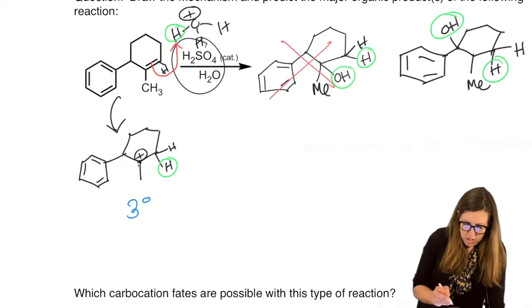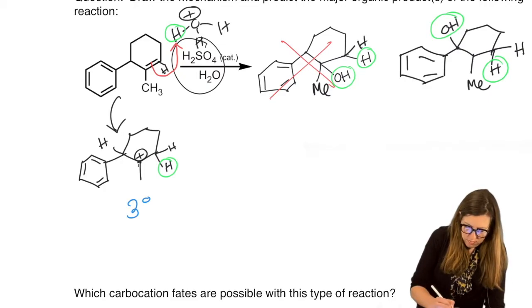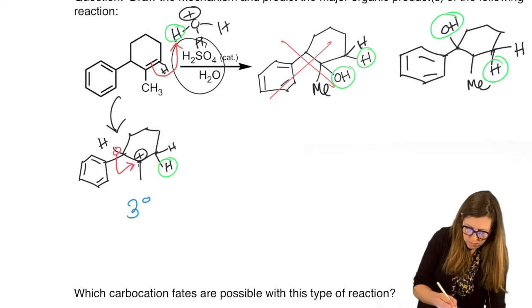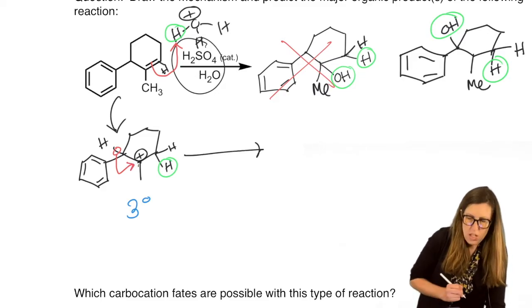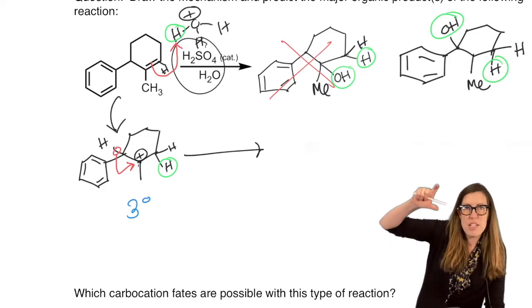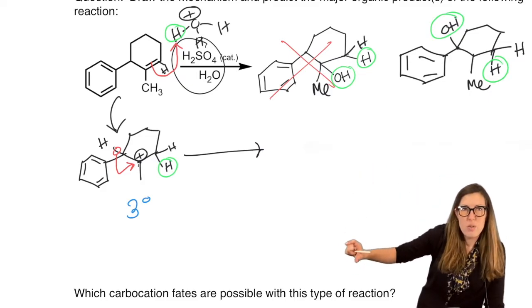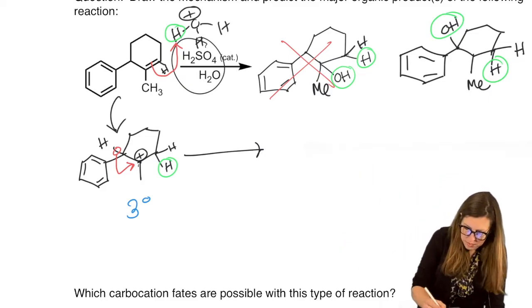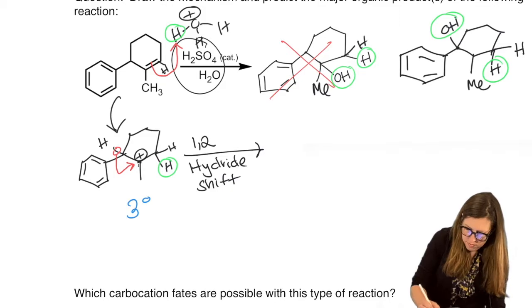I see an H there that's not drawn in. We do a 1,2 hydride shift. We pluck that H in its bond out, move it over. We leave an open octet behind, right? 1,2 hydride shift. And there we go.